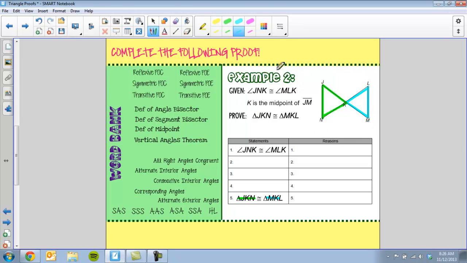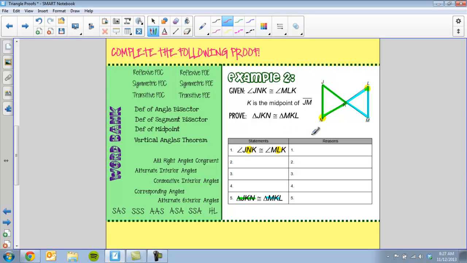Alright, so we've got two triangles now that we're going to identify this angle. Now the key thing that we tend to struggle with about angles is where to find it. The letter in the middle, so for JNK, it would be this N, and for MLK, it would be this L, is known as what? Okay, hopefully you said vertex, and so it has to be in the middle.